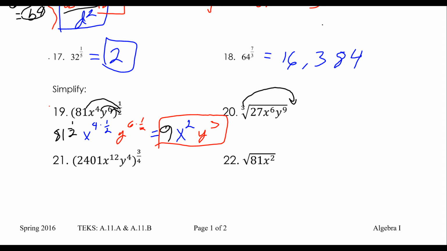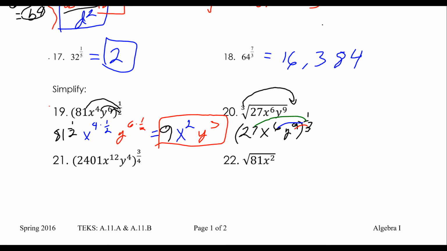And how we do that is we say 27 x to the 6th, y to the 9th, all that raised to the 1/3 power. Alright, now we're going to send this 1/3 power to everything. We're going to send it to the 27, we're going to send it to the 6, and we're going to send it to the 9 there.